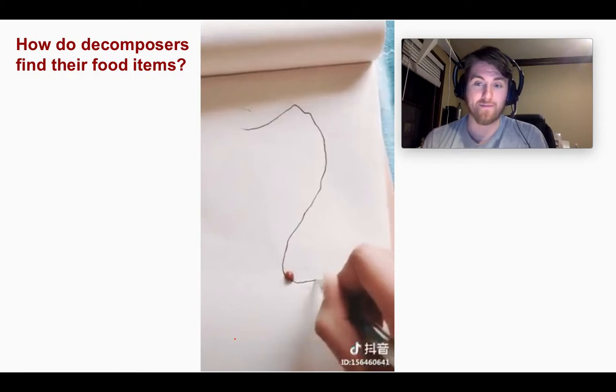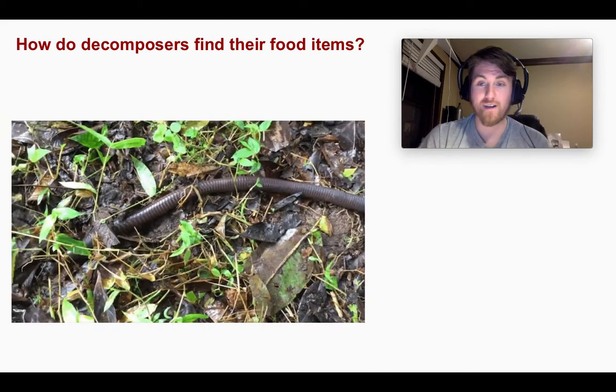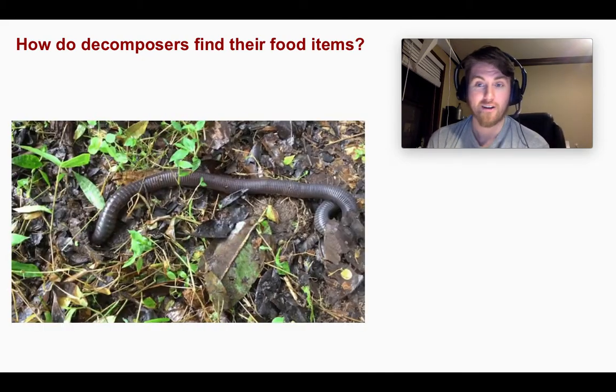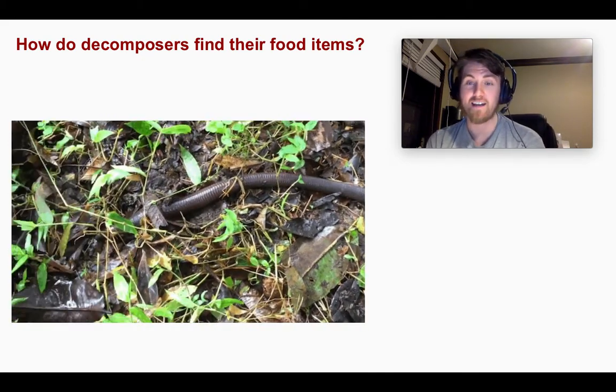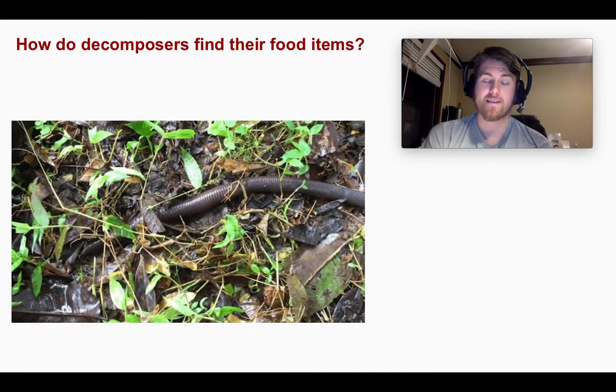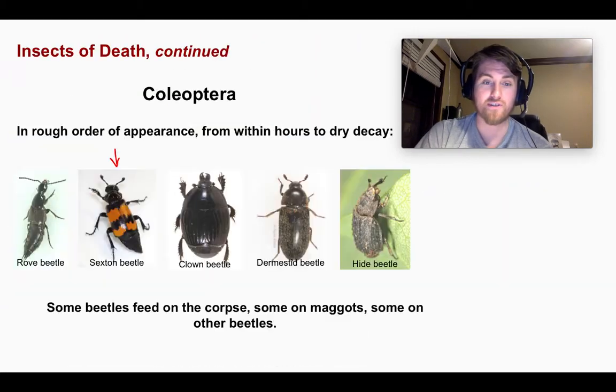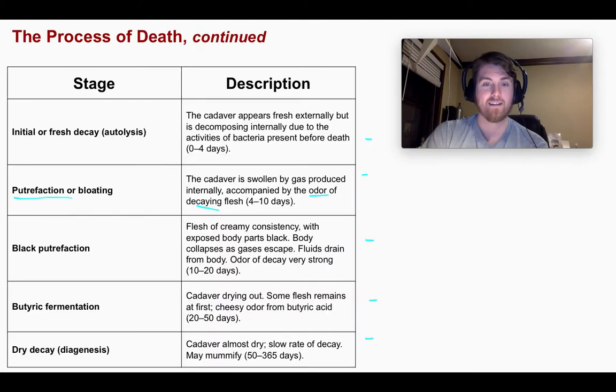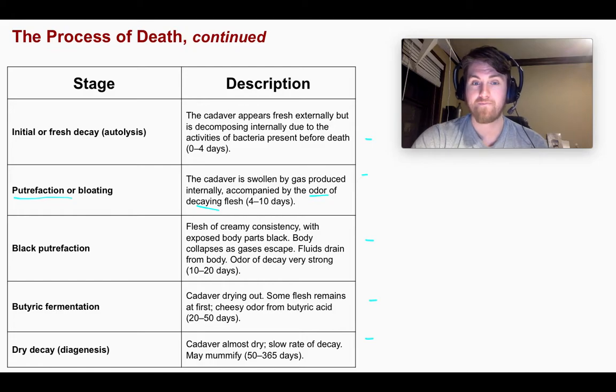Our giant earthworm here, or the friends that you would have had in your lab, all follow through scent. It's really through the putrefaction stage of the body that these decomposers and all of these insects start to gather towards this specific set of remains.